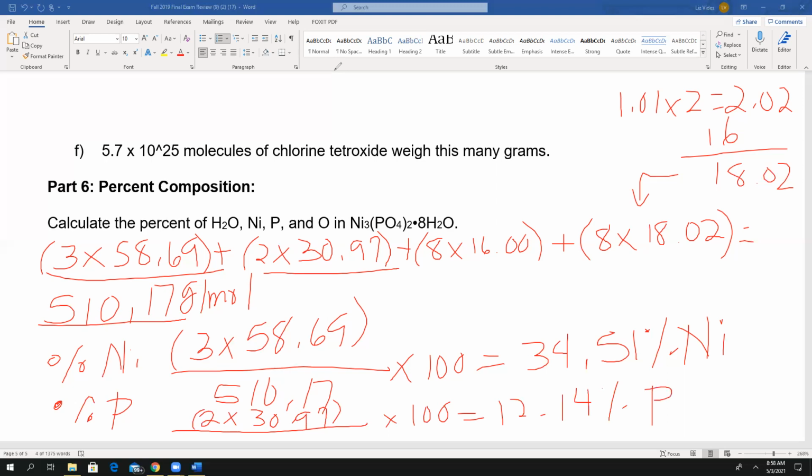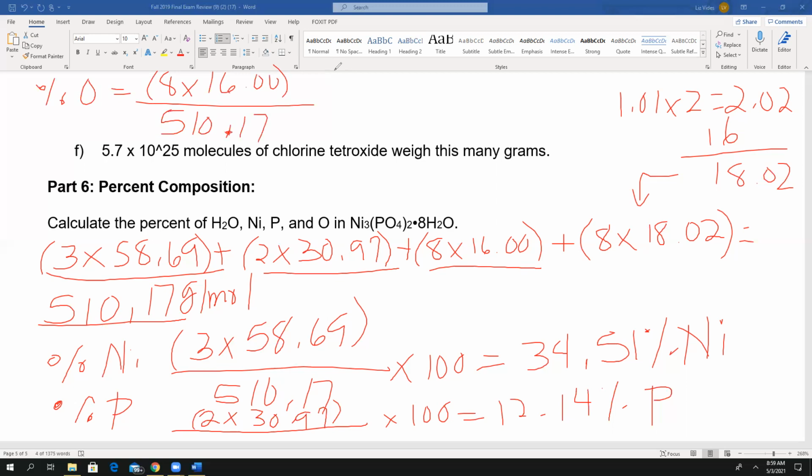Okay, let me erase all this other stuff. Actually, I can do it up here. Percent oxygen would be next. And that's going to be this part: 8 times 16 divided by 510.17.